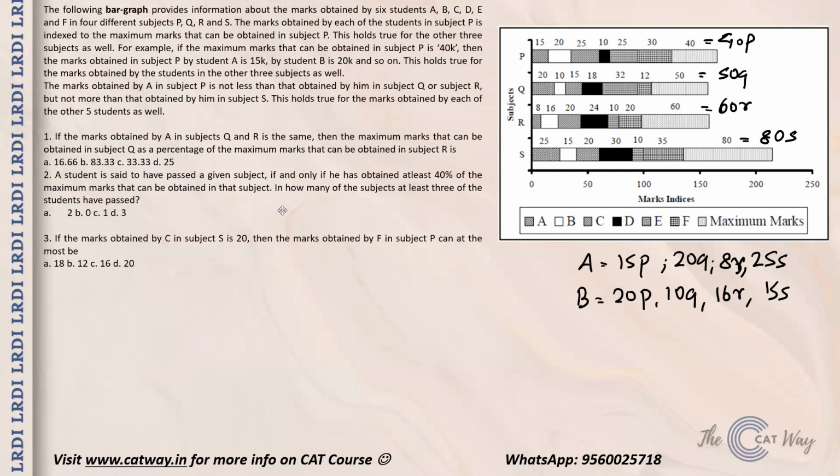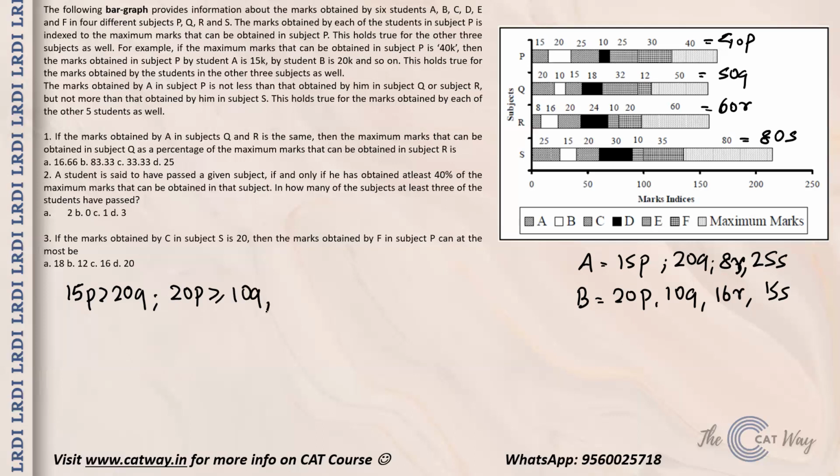One relationship that has been given is that P will always be greater than or equal to Q. So for A, 15P is greater than 20Q. Similarly for B, 20P is going to be greater than or equal to 10Q.